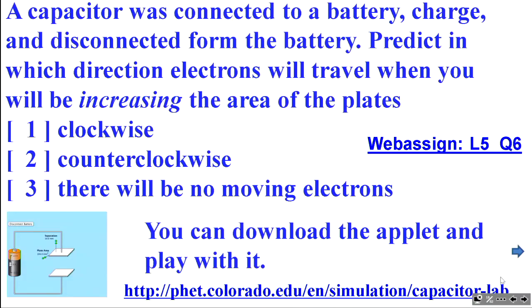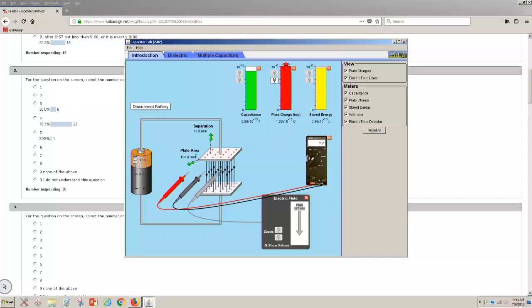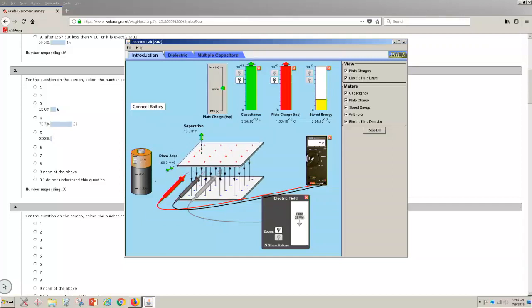So now you got to choose your answer. Let's say, disconnect the battery, and now we can enlarge the area.